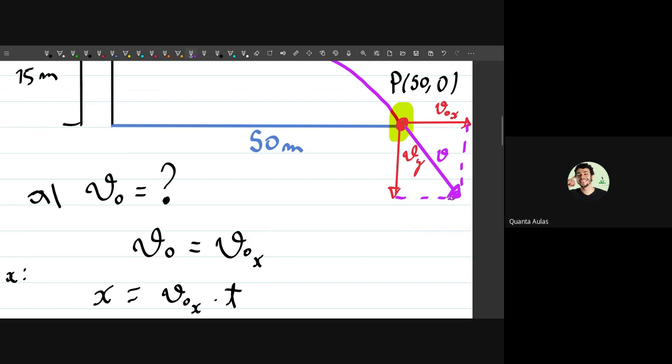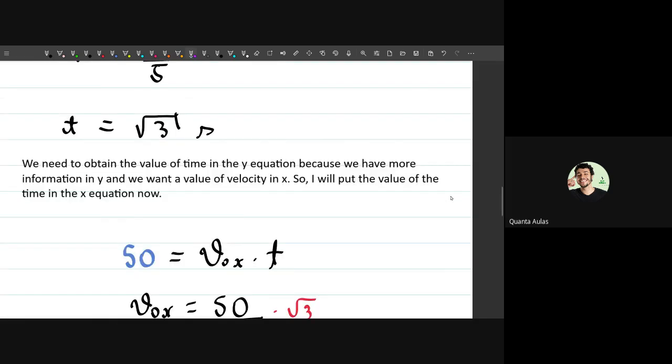So we can see this velocity is the vectorial sum of these two others, the v0x and the vy. So I need to obtain first the vy, because the v0x we already have.